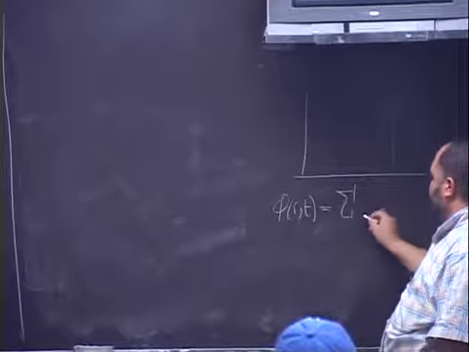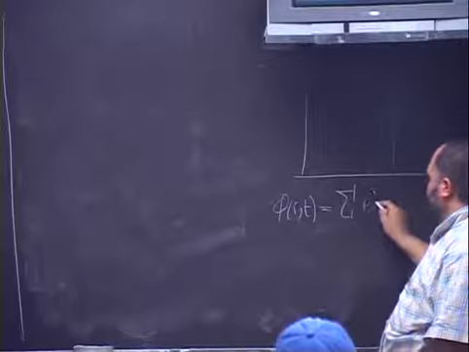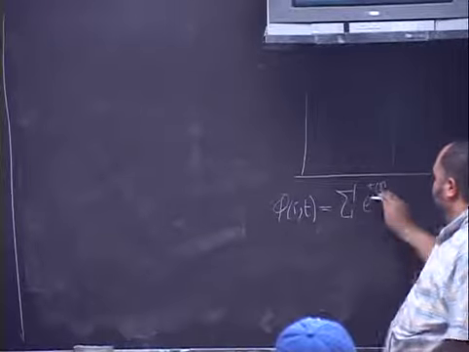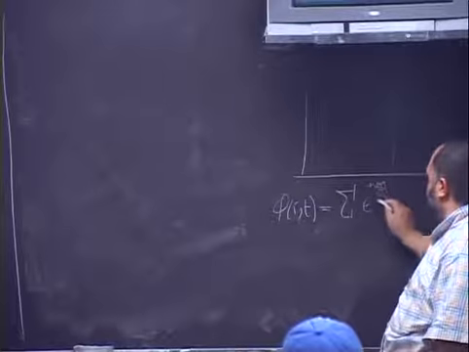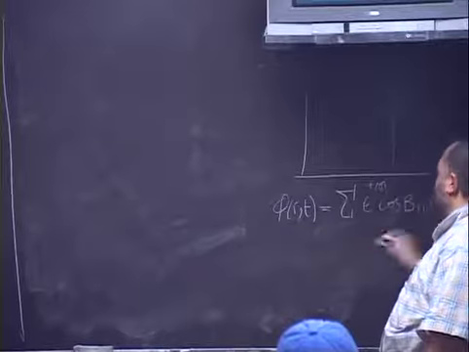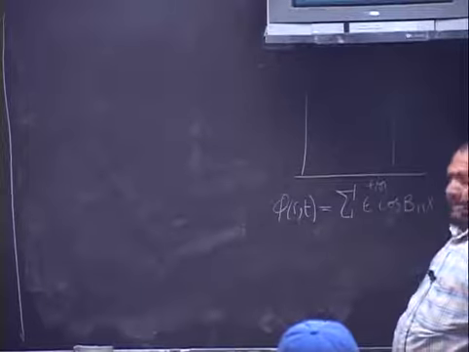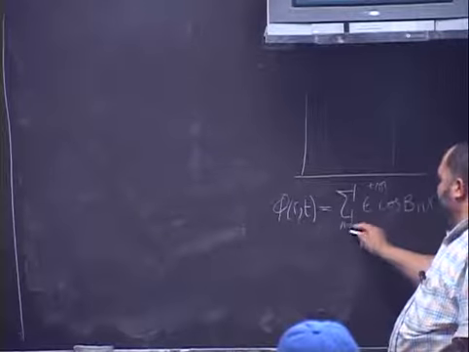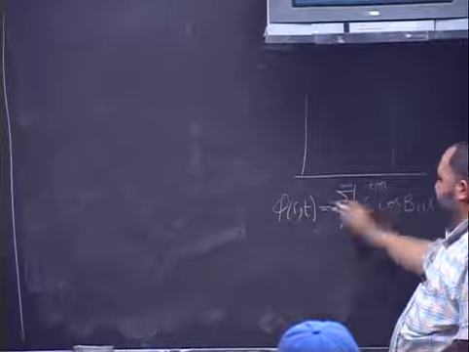Summation of e to the power of t over t capital, which is the reactor period, multiplied by some cosine Bn of x. Do you remember this? And then I said that this is for n equal to 1 to infinity.